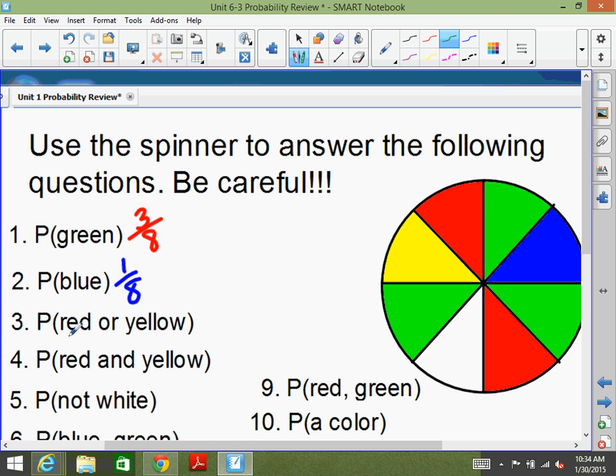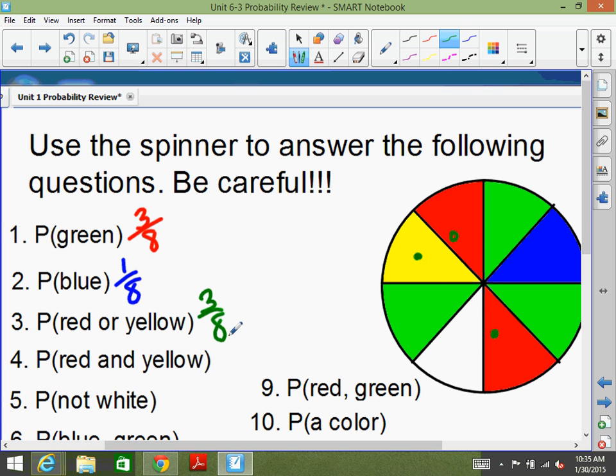What is the probability of red or yellow? 3 out of 8. Why is it 3? That's right. I got to count all of these, right? I'm looking for that spinner to land on either one of these 3 spaces. That would be 3 out of 8.